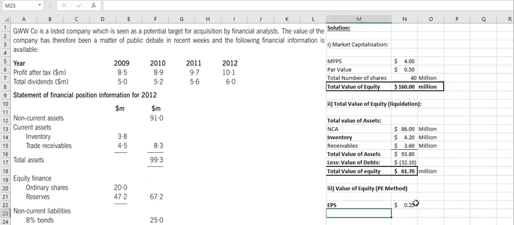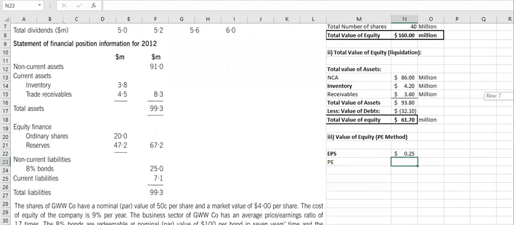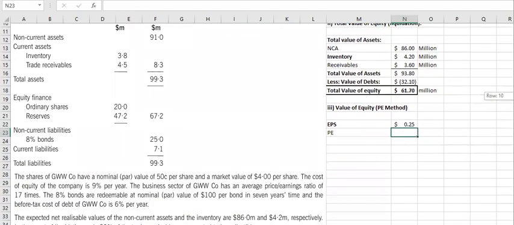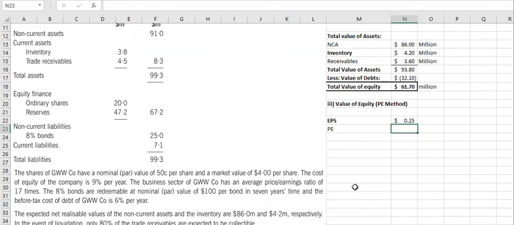So once we have the earning per share, we need the PE ratio for calculating the value of the equity. And the PE ratio, as per the question, should usually be related to a competitor which is similar to the company for which we are calculating. If we don't have any competitor information similar to our company, then we can use the average price earning ratio of the sector or the industry.